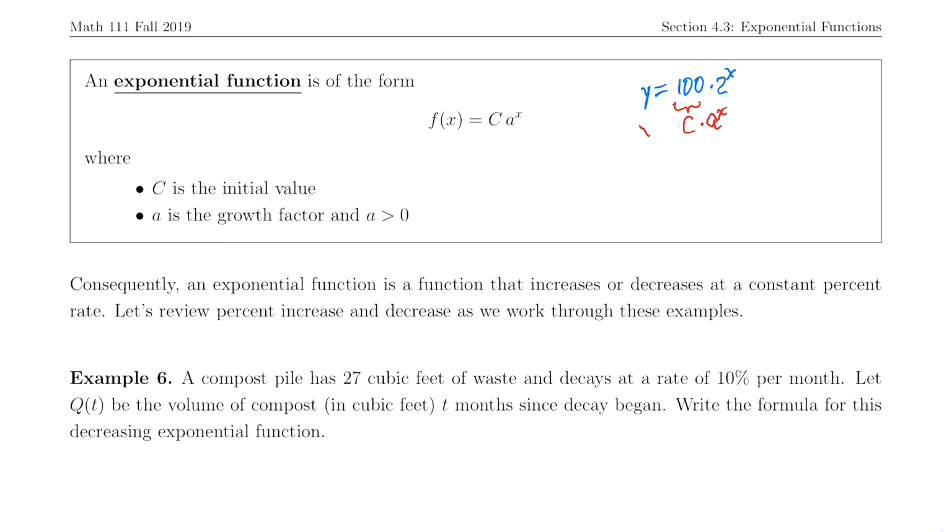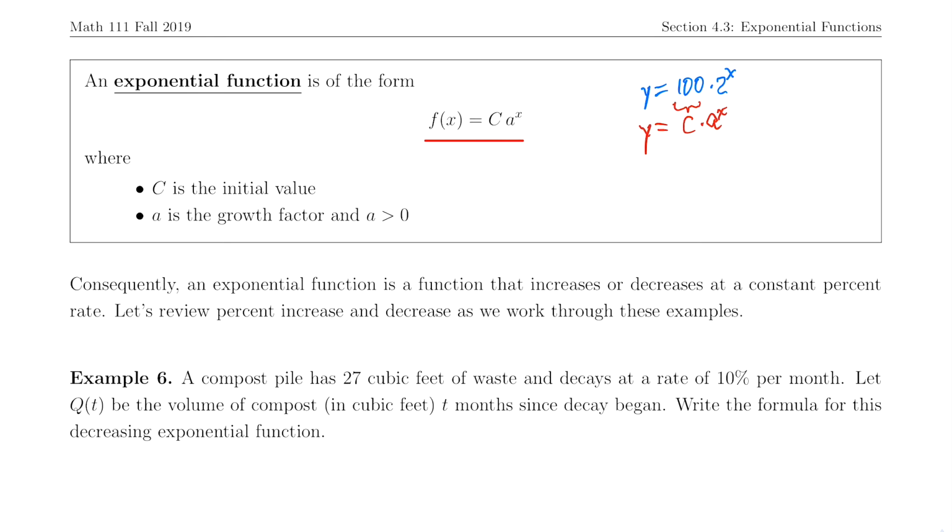And so that's how we get our formula: y equals c times a to the x, or you have that also here in function format. So again, c is the initial value and a is the growth factor. Now a has to be greater than 0, and we will see two different examples.